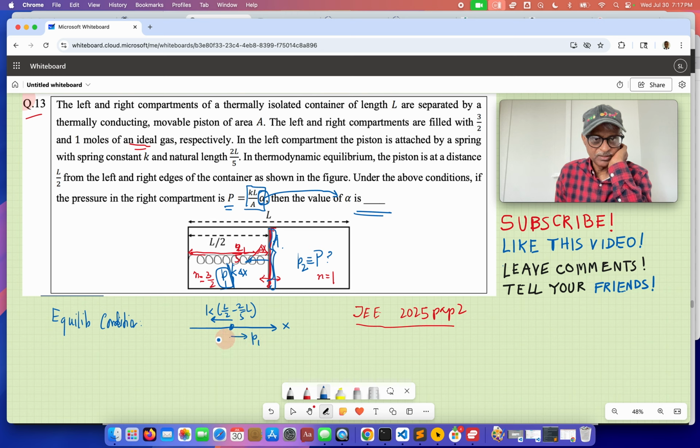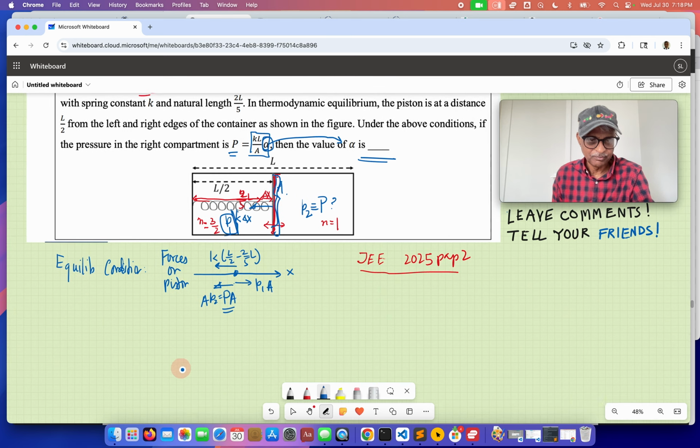P1 is that way, and P2 equals P is that way. But this is not force; you have to multiply by area, since force is pressure times area. The pressure is how much force the molecules on this side apply on the piston per unit area. So these are the forces on the piston.